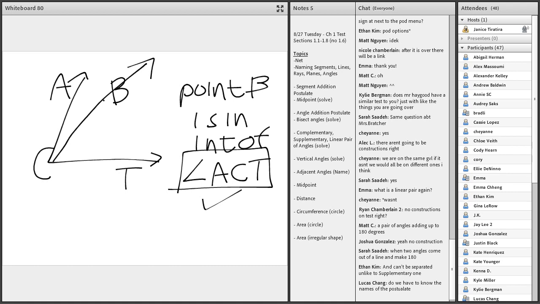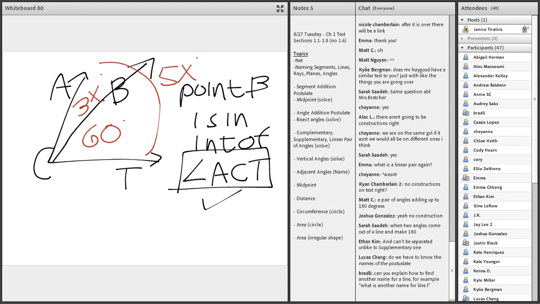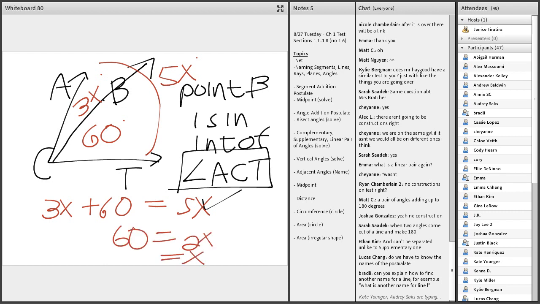And then it'll give you some information, like this is 3x degrees, this is 60 degrees, and this whole thing is like 5x degrees. So you would do part plus part equals whole, solve for x, and get x is 30.